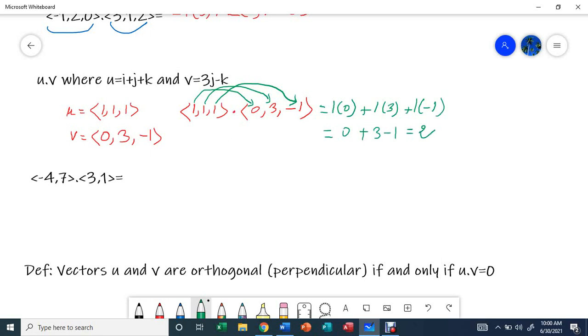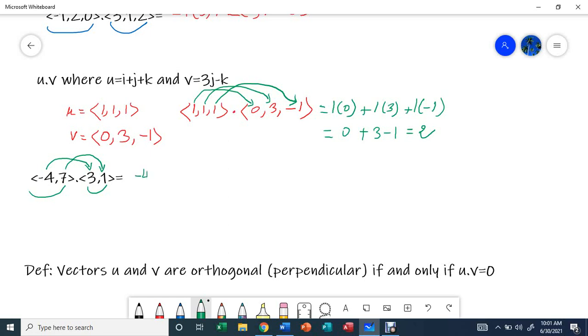And the dot product, as I mentioned before, is similar. It doesn't matter whether you have 3D or 2D, it's done the same way. Now suppose we have these two vectors in 2 dimensions: negative 4, 7 and 3, 1. We multiply negative 4 by 3 and 7 by 1 and add them up.